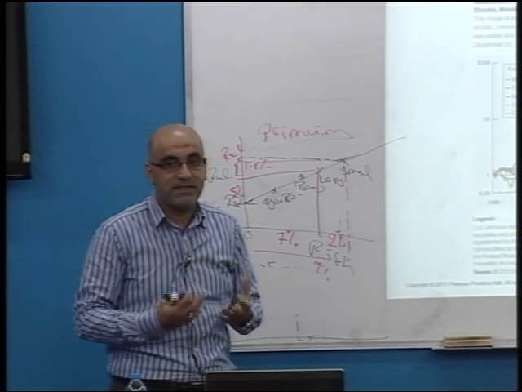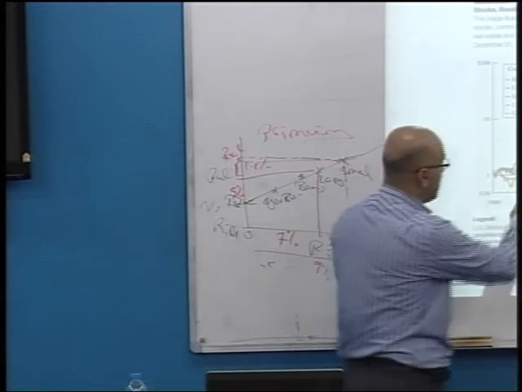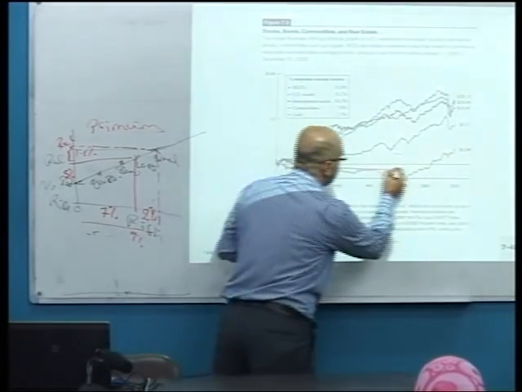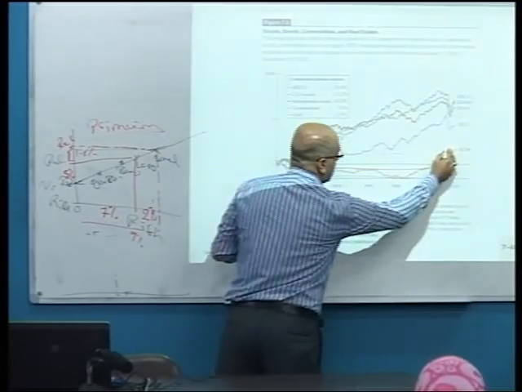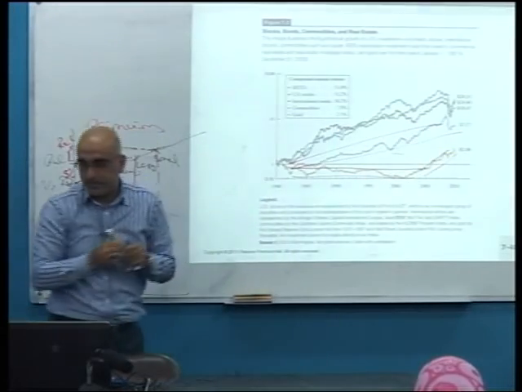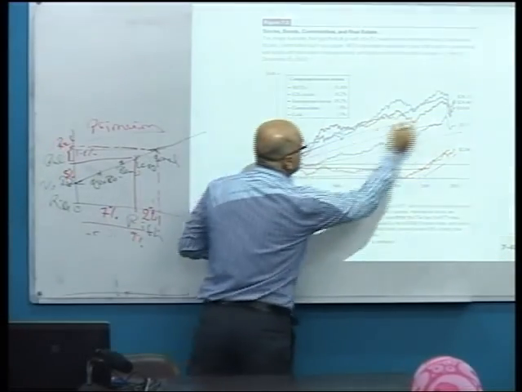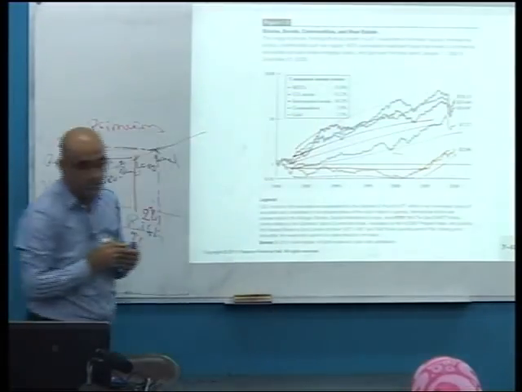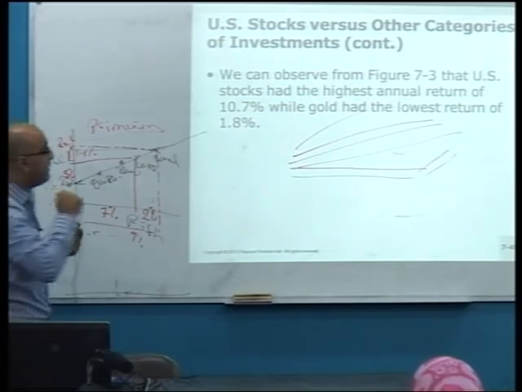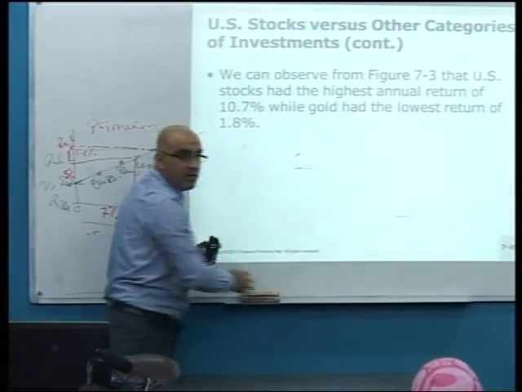Because it's not risky and not fluctuating too much. But look at these, highly fluctuating. Now, what we can observe is that gold had the lowest rate of return compared with the others.